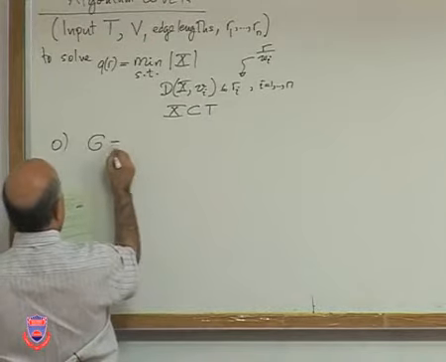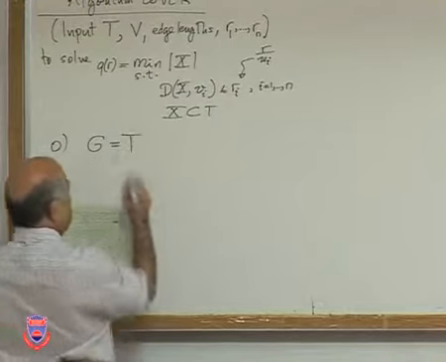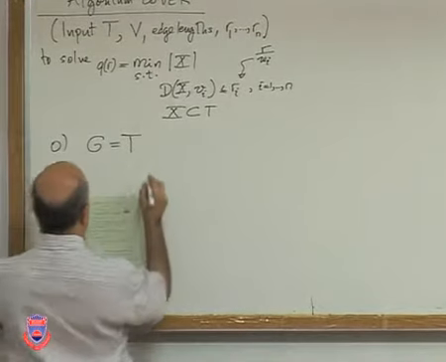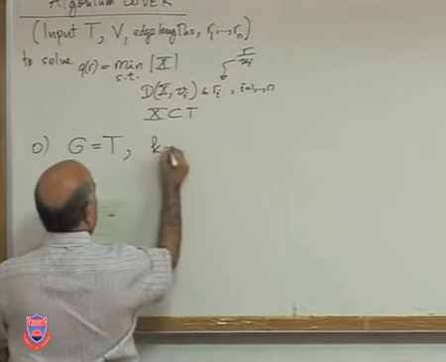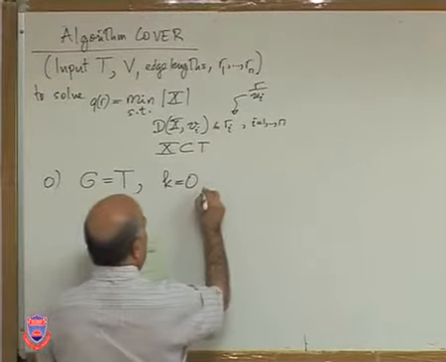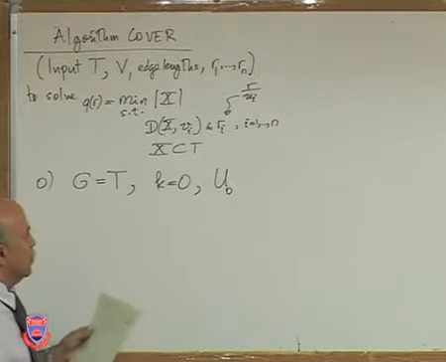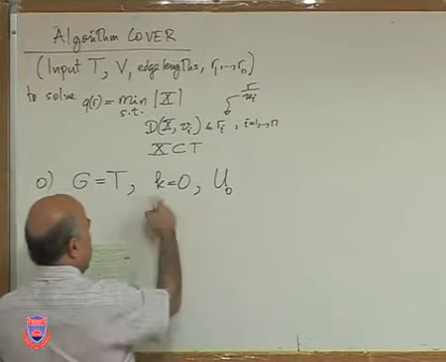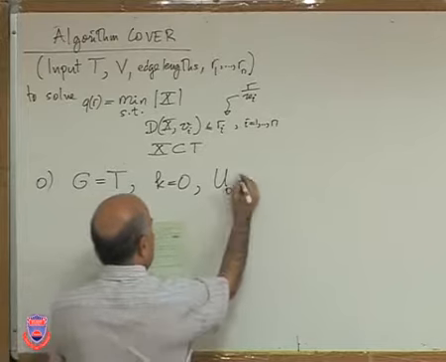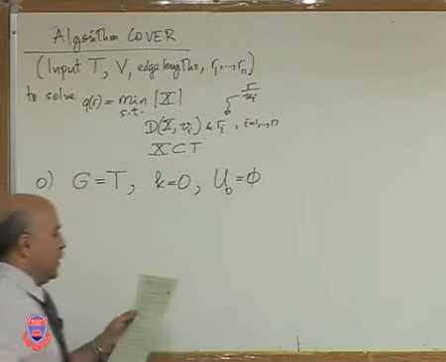The green tree is denoted by G, and that's the entire tree for the beginning. The iteration index is 0. There's a certain set, which is U, and it will depend on the iteration index. So U0 at the beginning is empty.